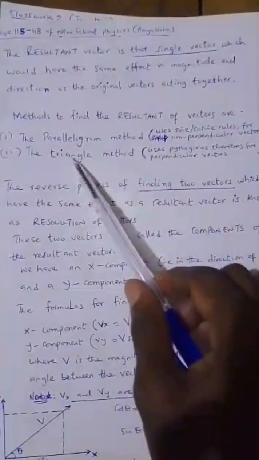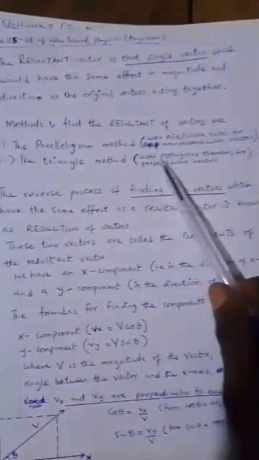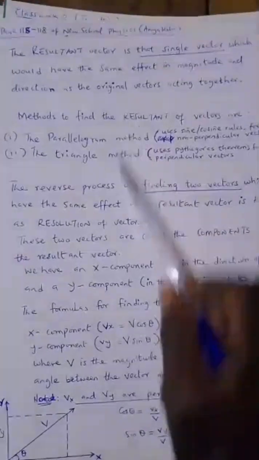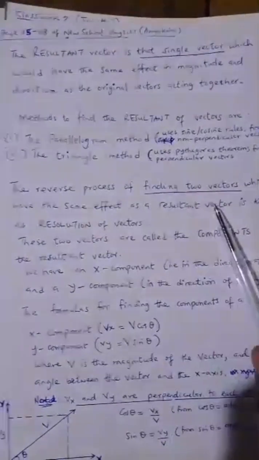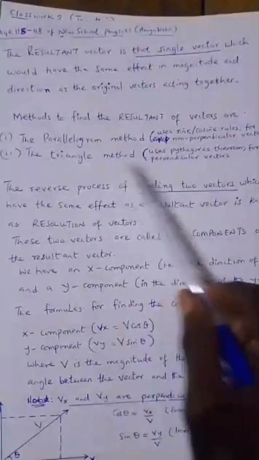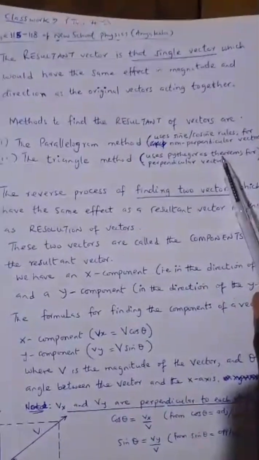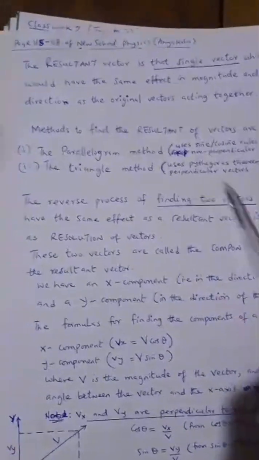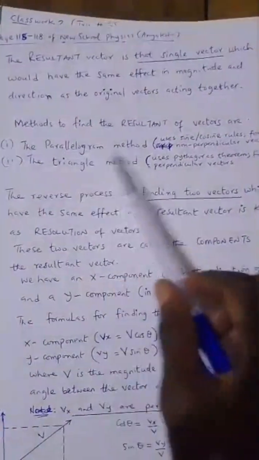We use the triangle method if the vectors are perpendicular to each other. That means they are at 90 degrees to each other. Perpendicular vectors are vectors at 90 degrees. So we apply the triangle method, which is basically Pythagoras' theorem. If they are non-perpendicular and of course non-collinear, we use the parallelogram method.